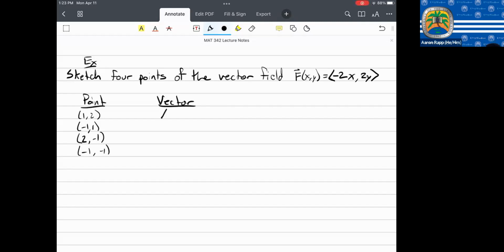So for the point 1, 2, what is my vector going to be? So I'm going to take negative 2, multiply it by the x coordinate for that point, and take 2, multiply it by the y coordinate. The x coordinate for this first point is 1, so the first component of my vector is going to be negative 2 times 1, giving me negative 2.